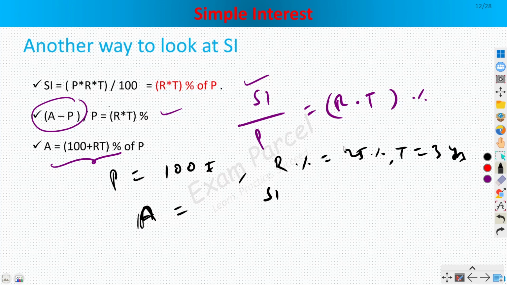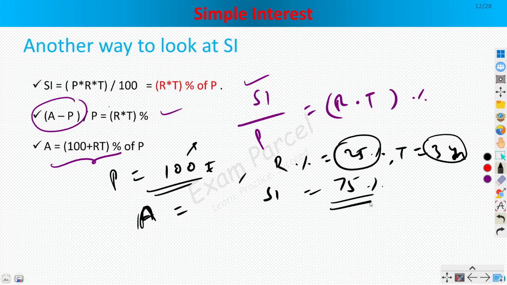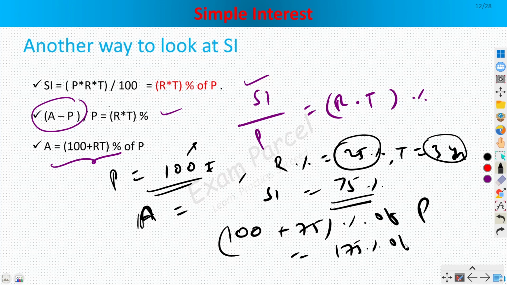In 1 year we have 25%, so in 3 years that would be 75%, right? Now principal is always 100%. Any number will be 100% of its value, and I am increasing 75%. So obviously amount will be 100 plus 75% of my principal. So that would be 175% of principal.